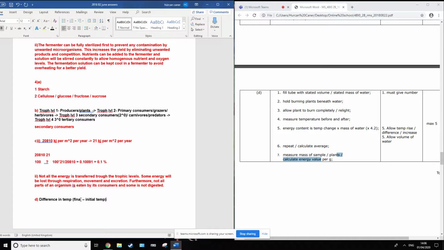Then you multiply that by, in this case, 20 grams. Why 20 grams? Because 1 centimeter cube of water is equal to 1 gram. If you have 20 centimeter cubes, you have 20 grams. If you have 10 centimeter cubes, you have 10 grams.